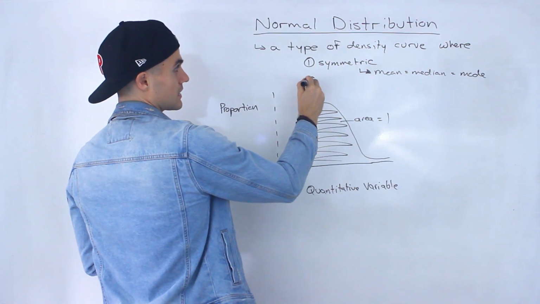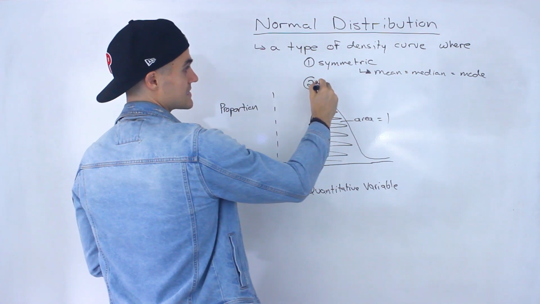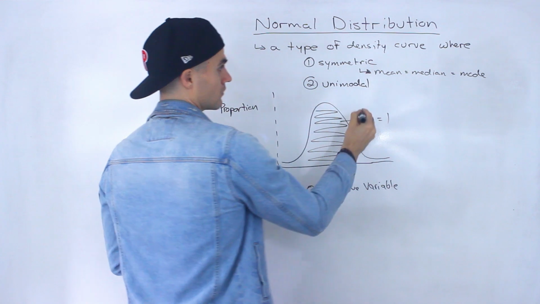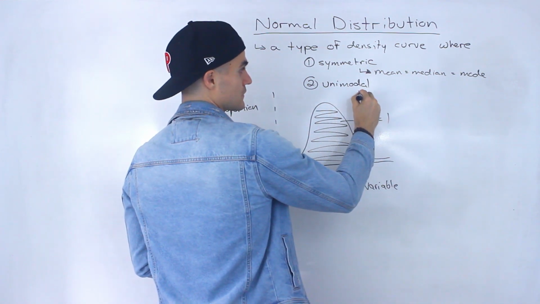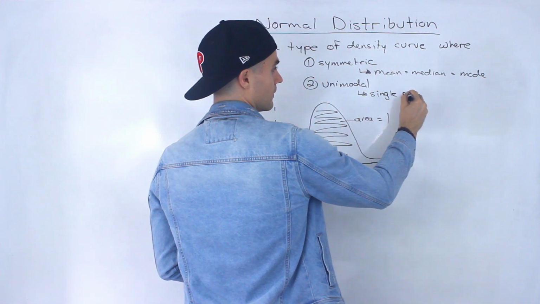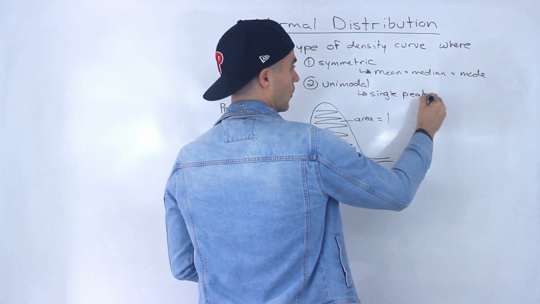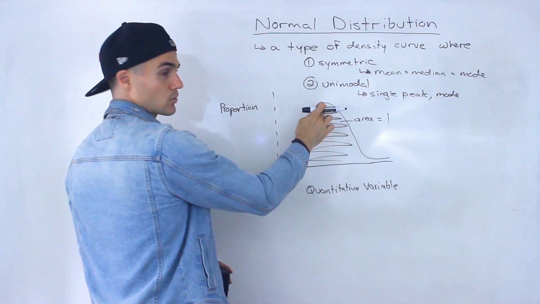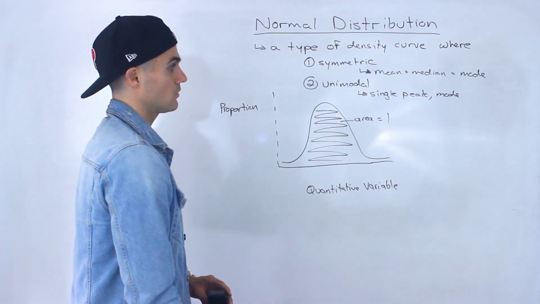Another characteristic of a normal distribution is that it's unimodal. What that specifically means is that there's a single peak, or a single mode, a single peak like this.